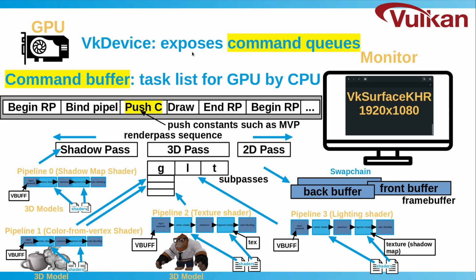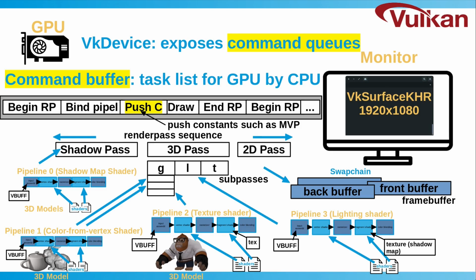That could be a command queue for graphics or for just transfer, for example. And then we can assemble a command buffer on the CPU and copy this command buffer into a command queue.